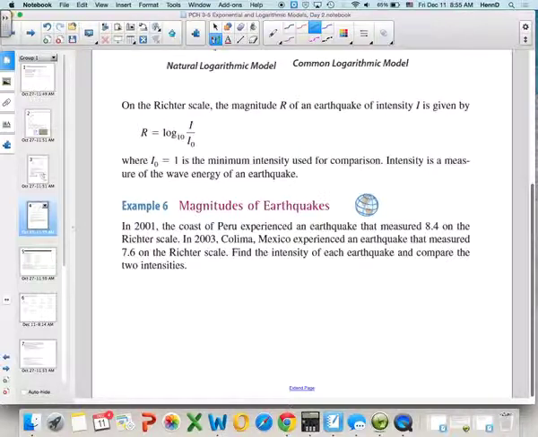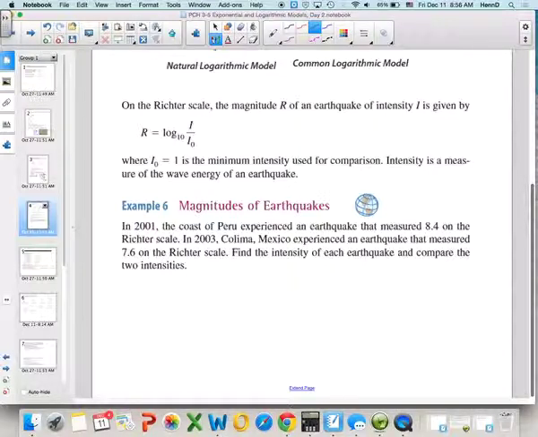A 5.0 is 100 times more intense than a 4.0. Think about that. That's pretty incredible. So that's why sometimes you can hear in the news, oh, there was this earthquake that was like 3.5, and not a whole lot happened, and then there was another one that was just 4.0, and there was a lot of destruction. Well, that's because it was 50 times more powerful.